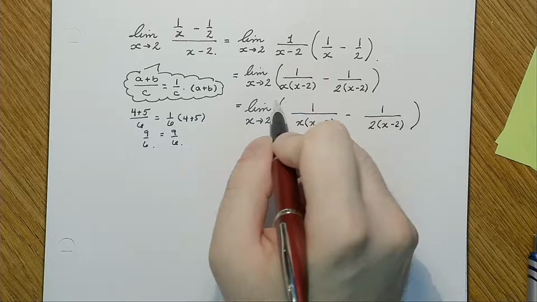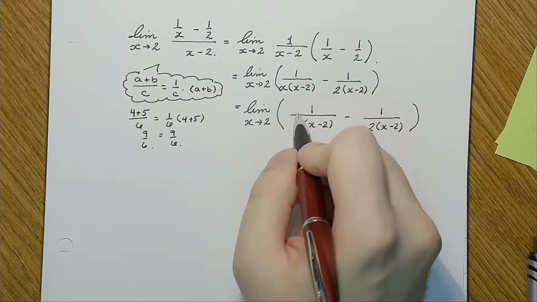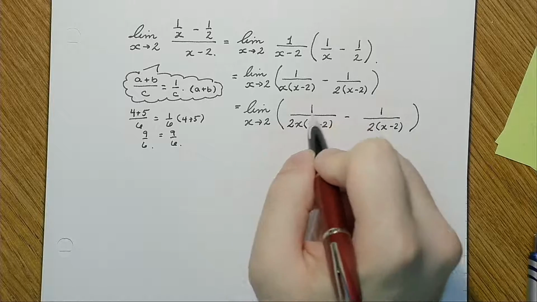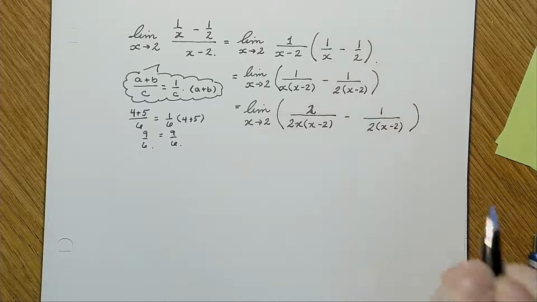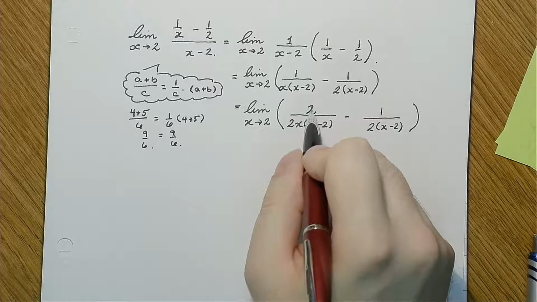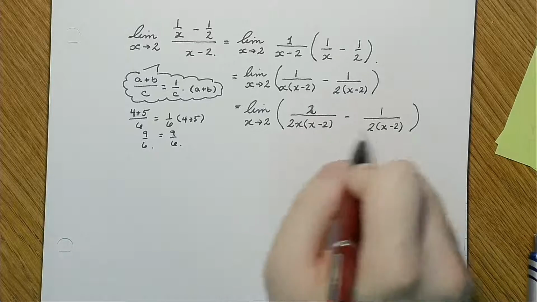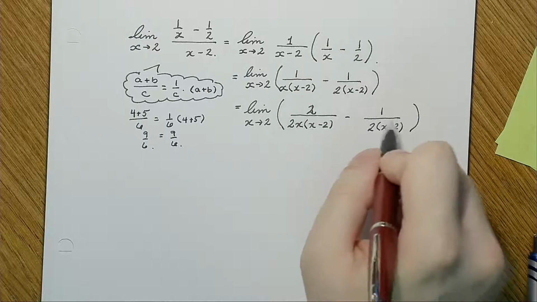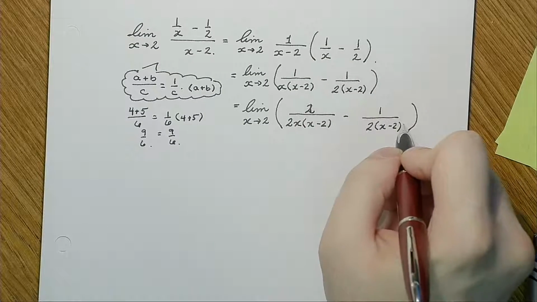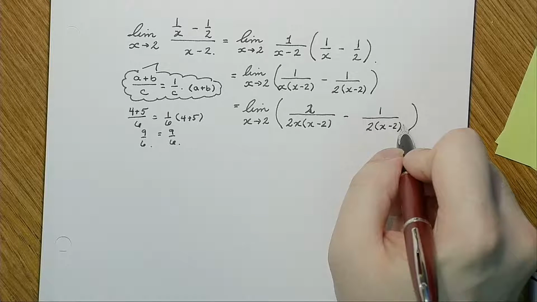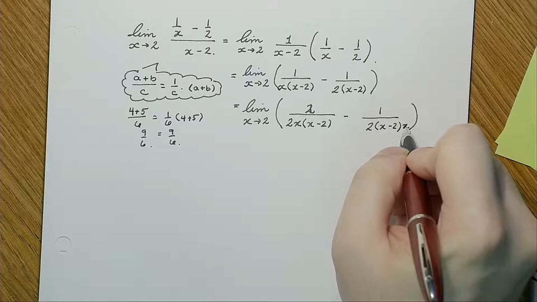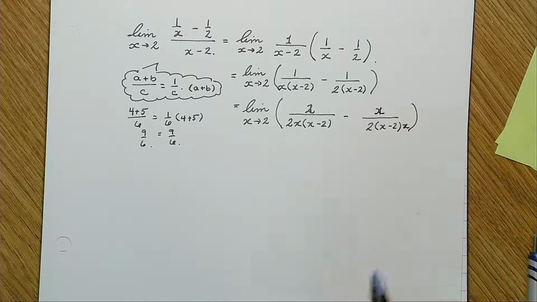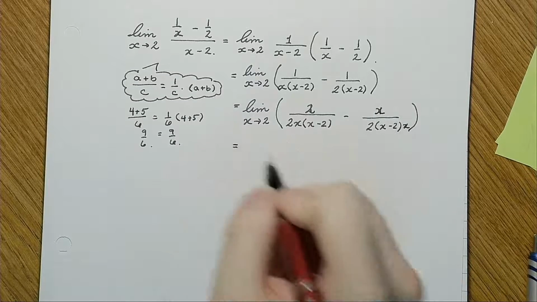So again, I'm going to multiply essentially by 1, so it's 2 over 2. So I'm going to put 2, and up here I'm going to make it 2. So I match that. So I have this over here, and I have this one over here. And over on this side, I'm missing an x. I don't have an x here. So I'm going to multiply essentially by 1. So I have an x on the bottom and on the top. Okay. That looks good.